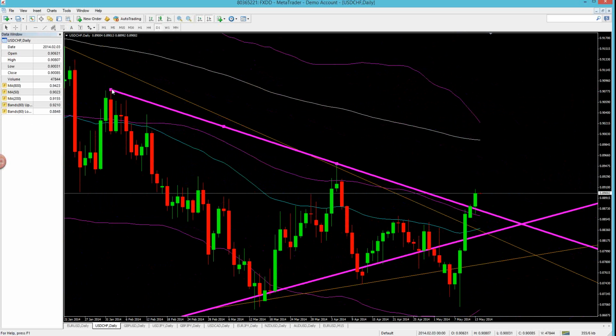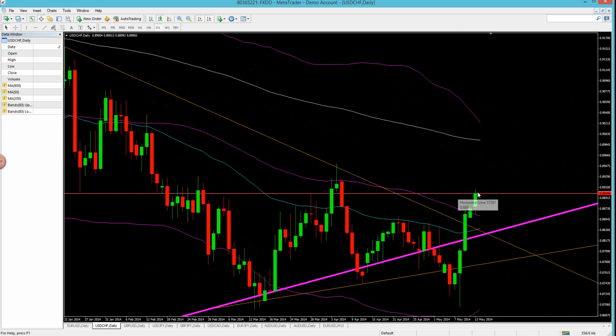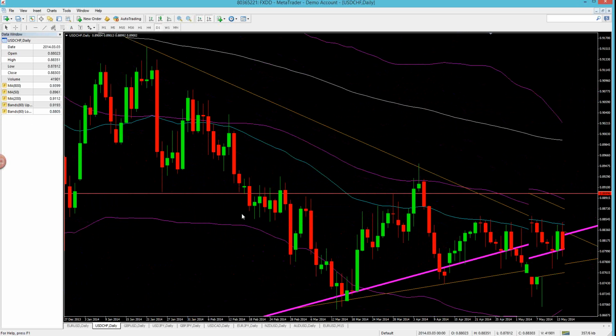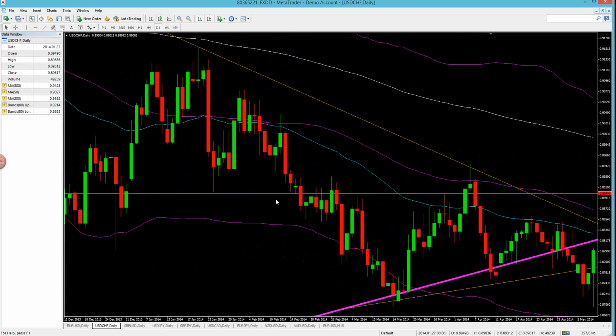Yeah, pretty much we've broken through on the dollar Swiss. We don't have an awful lot of resistance here, but we are at 8,900. That by itself is resistance. It's a previous high as well, and a previous low here, obviously.